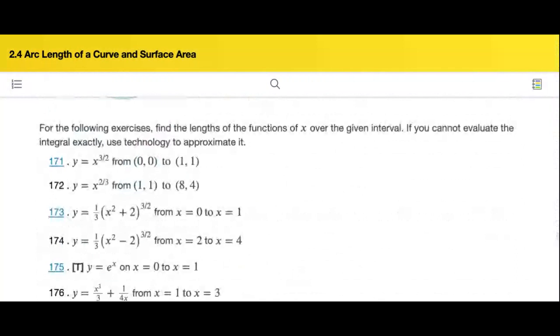Okay, for the following exercise, find the arc length of the function of x over the given interval. If you cannot evaluate the integral exactly, use technology to approximate it. So this one, we want to evaluate from 0, 0 to 1, 1.